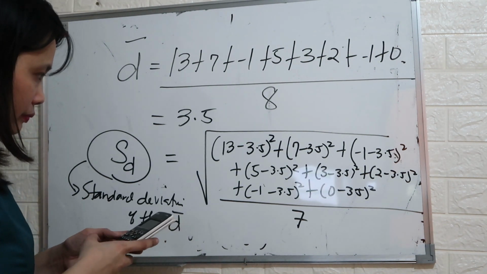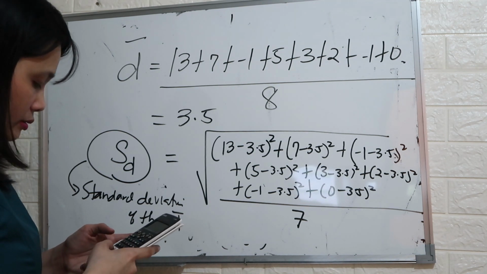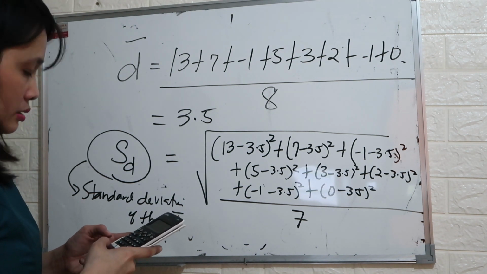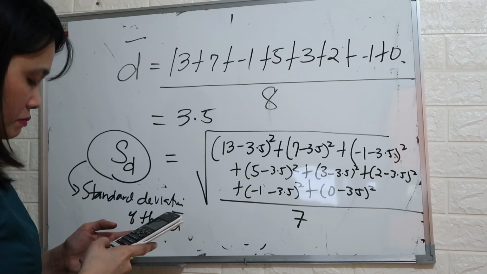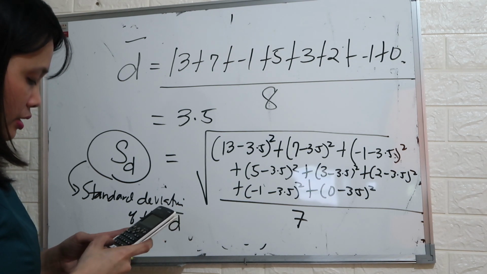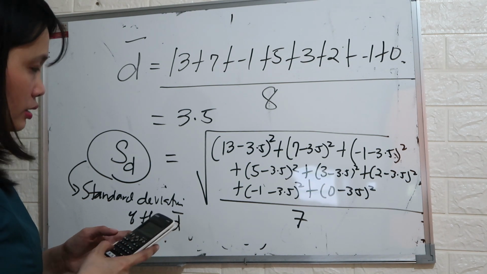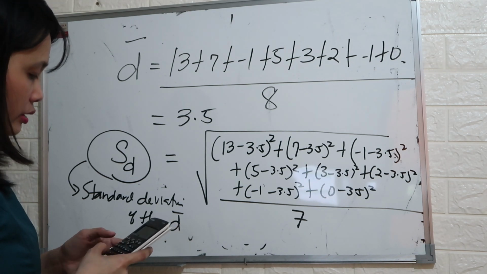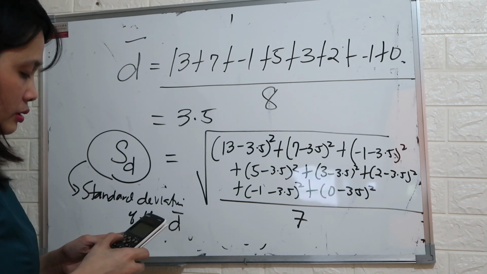So we have the square root of 13 minus 3.5 squared plus 7 minus 3.5 squared plus negative 1 minus 3.5 squared plus 5 minus 3.5 squared plus 3 minus 3.5 squared plus 2 minus 3.5 squared plus negative 1 minus 3.5 squared plus 0 minus 3.5 squared, divided by 7.